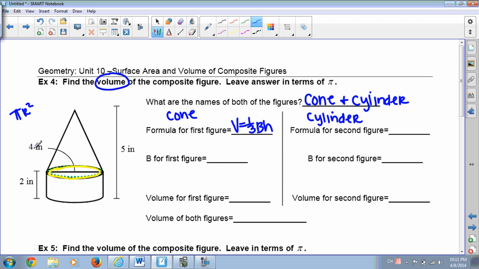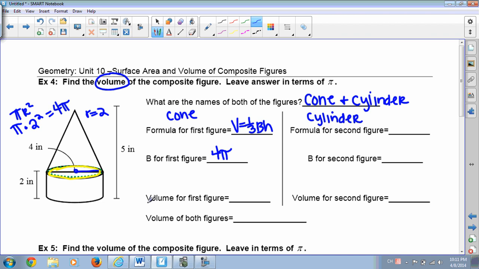Notice that this is pointing to the diameter of our circle, which is 4. So that means the radius of our circle would be half of that, which is just 2. So we have pi times 2 squared. Well, 2 squared is 4, so the area of our circle is 4 pi.